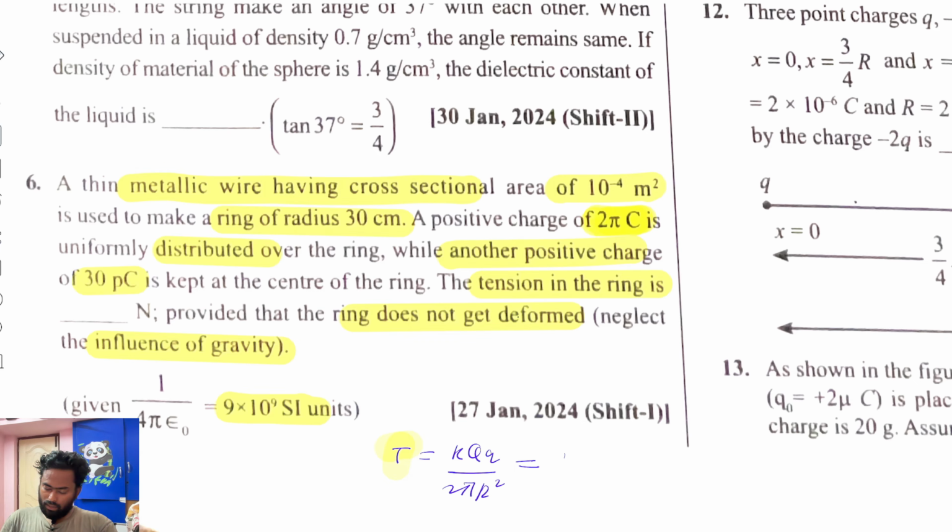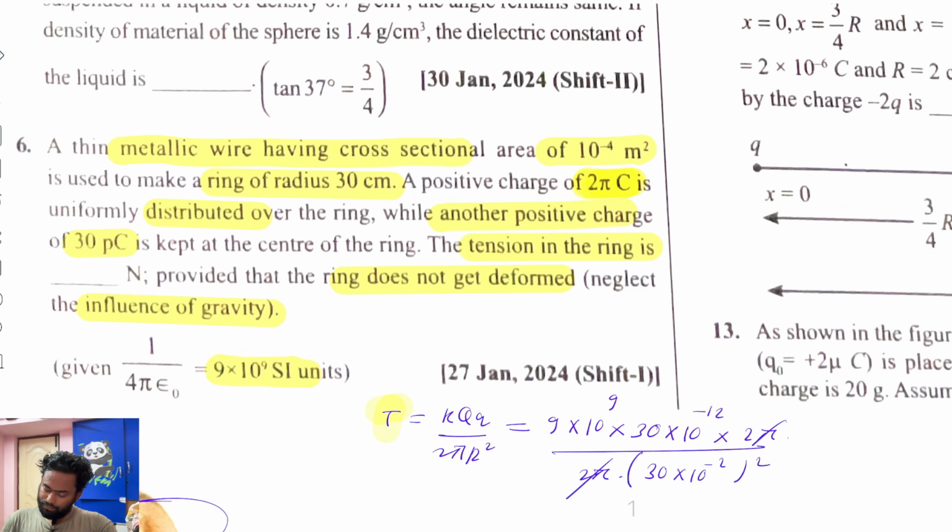9 into 10 to the power 9. Capital Q is 30 pico, 10 power minus 12. Small q is 2 pi upon 2 pi, the 2 pi cancels. Radius square, radius is 30, so 30 into 10 power minus 2.